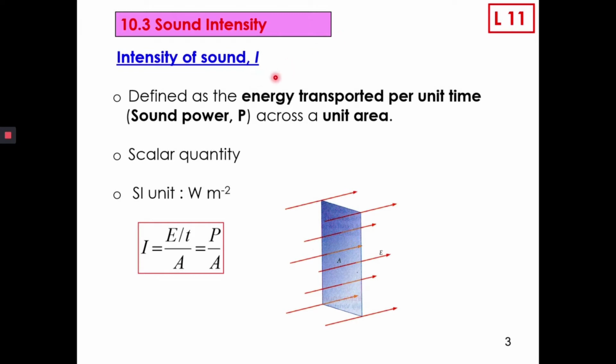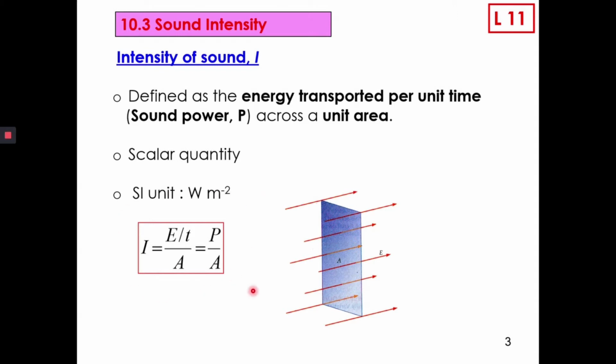The intensity of sound is defined as the energy transported per unit time, which is also called the sound power, across a unit area. The sound intensity is a scalar quantity and the SI unit is watt per meter squared.